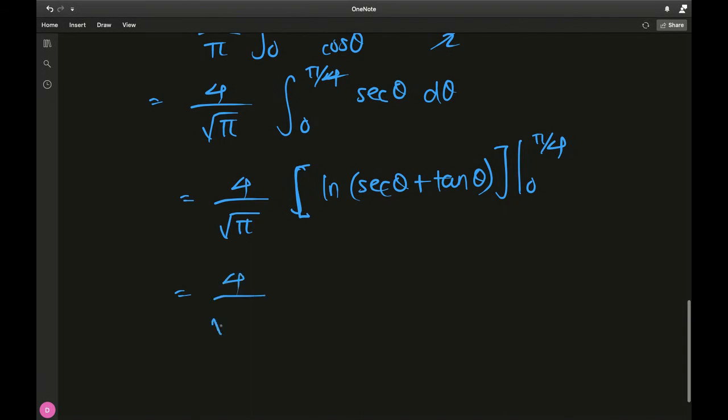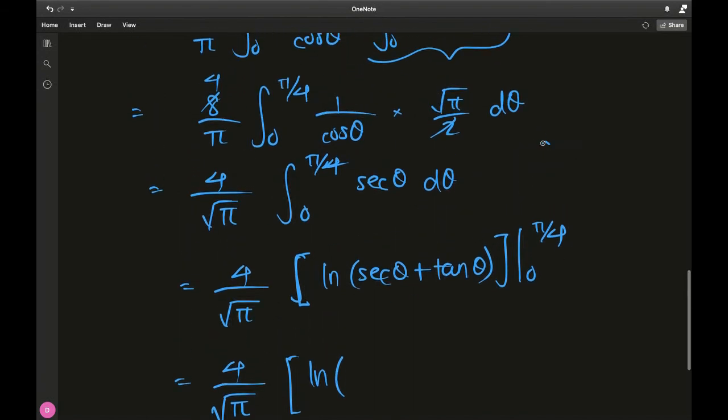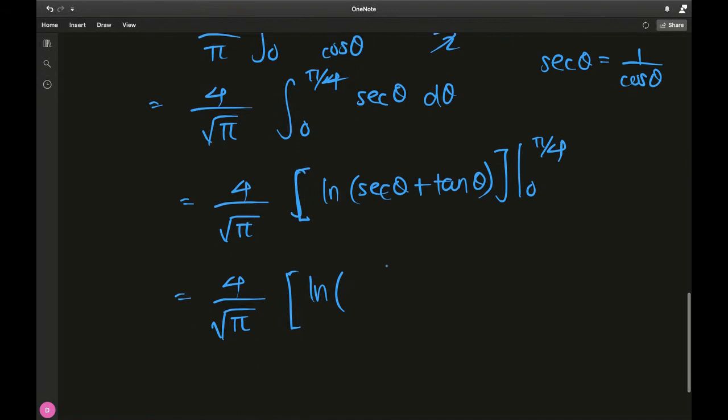Okay, so 4 over square root of pi, and natural log of, well, secant of pi over 4. Secant theta is 1 over cosine theta. Cosine of pi over 4 is 1 over square root 2, so secant of pi over 4 is square root 2. Tangent of pi over 4 is 1.